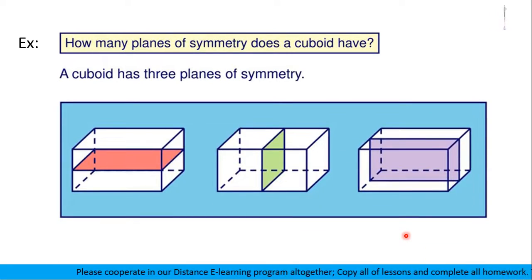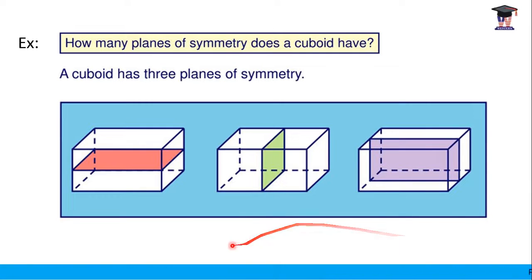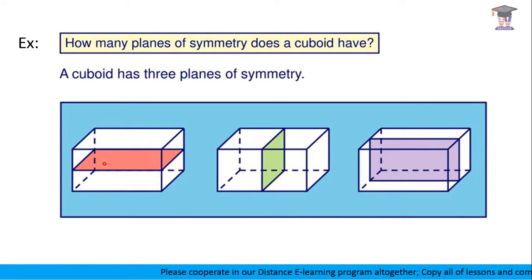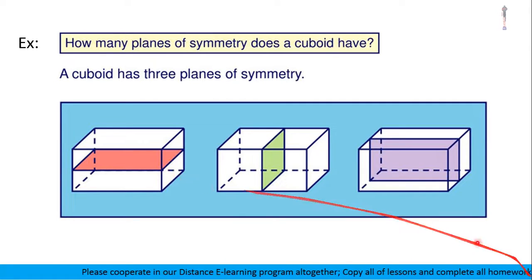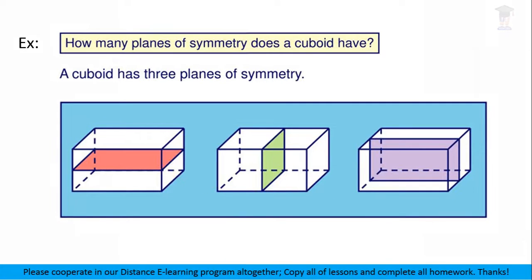Here, the figure. This is the first one, it cuts in this surface and this one cuts in this surface. So 3 different ways. Can you imagine another surface which we call plane of symmetry? No more, right? No more. Okay, thank you. Okay, move on.